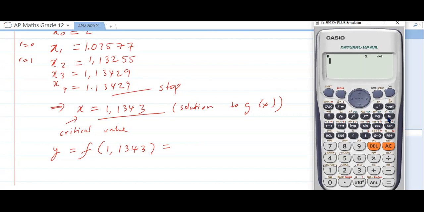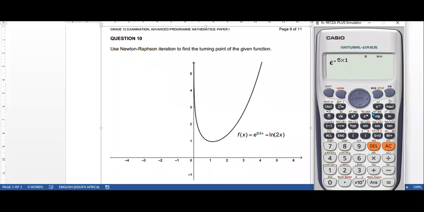Shift e to the power 0.5 times 1.1343 minus ln 2 times 1.1343, and we press equals.